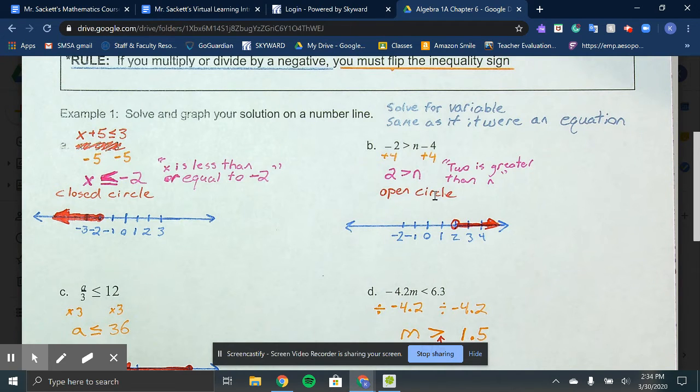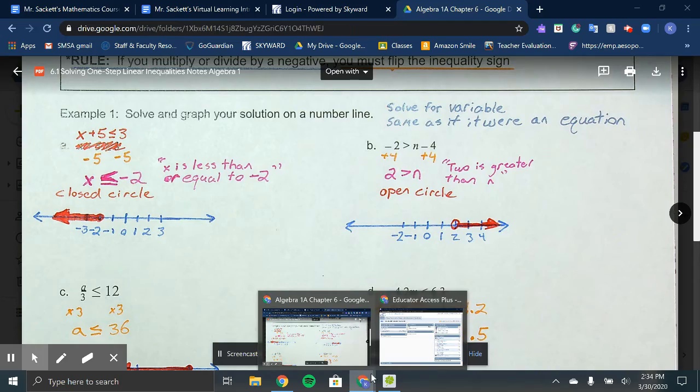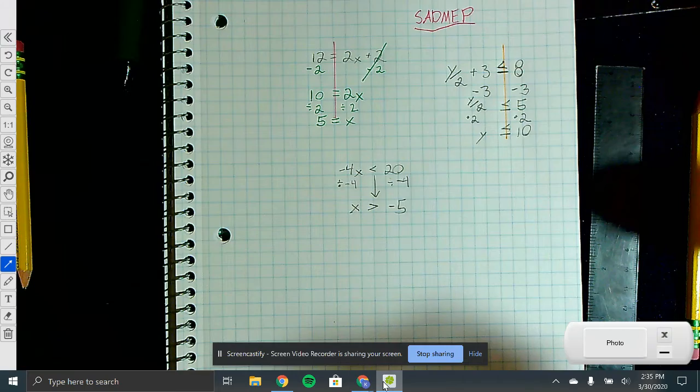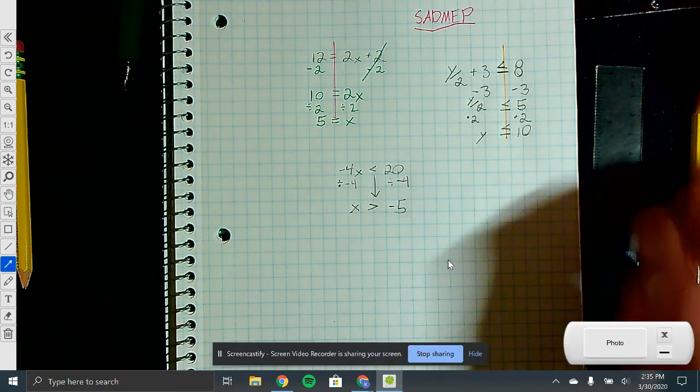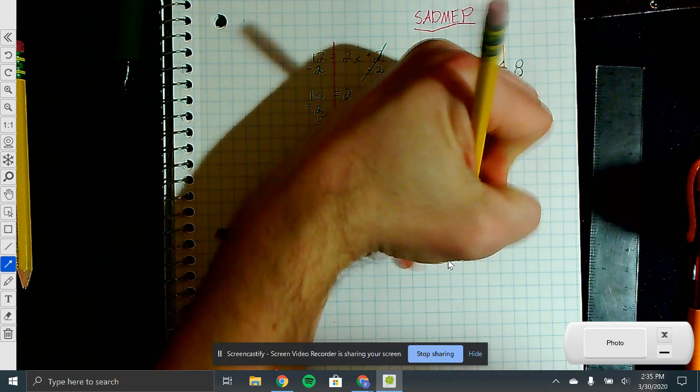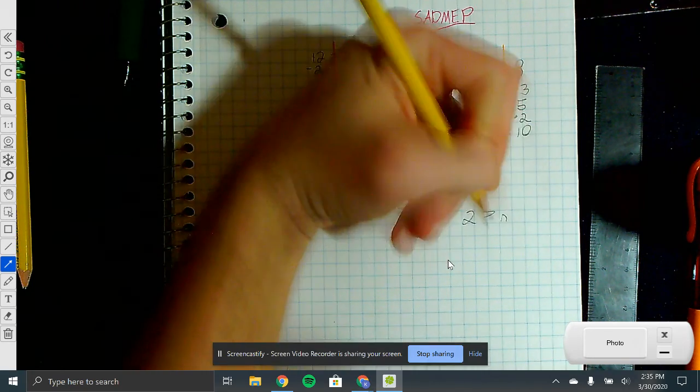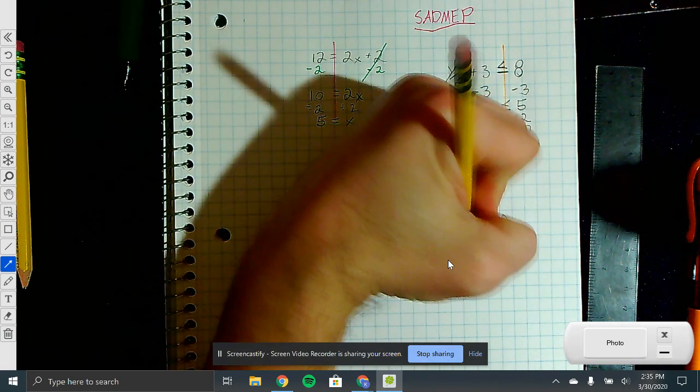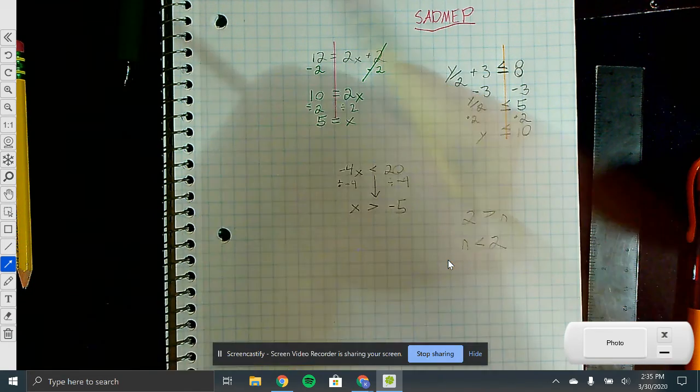So it would be an open circle, but because 2 is greater than n, that means n is less than 2. So for that example, if we flip screens here, if 2 is greater than n, that's the same thing as n is less than 2.